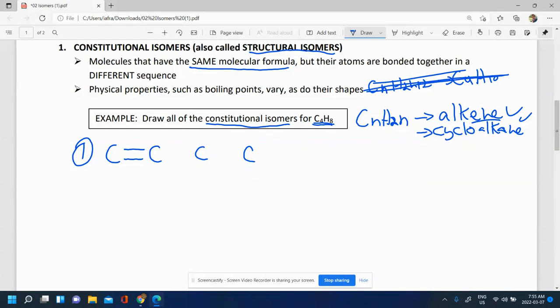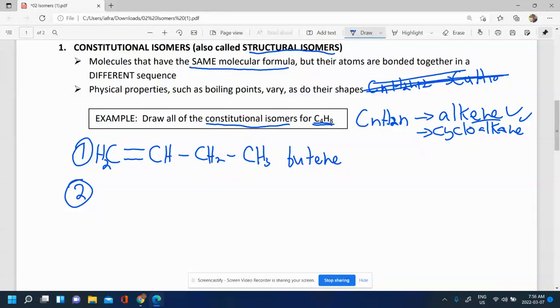So here I have, this would be H2, this would be H2, and then CH3. So what did I draw here? I drew butene. And it's important to write the names, and you'll see why in a little bit. So let's see what else we could do. Well, we could draw a long chain again.